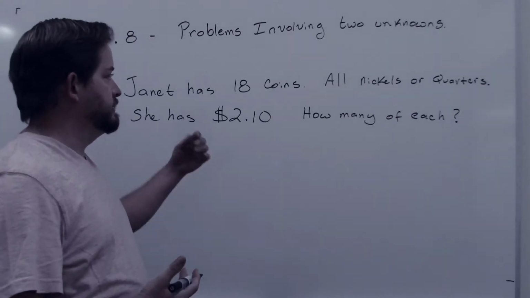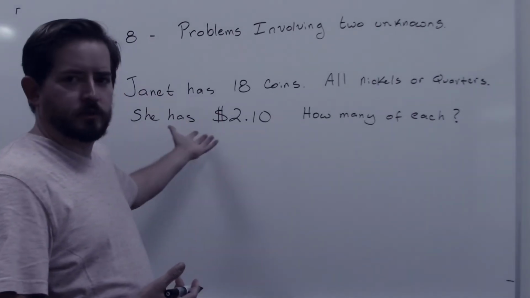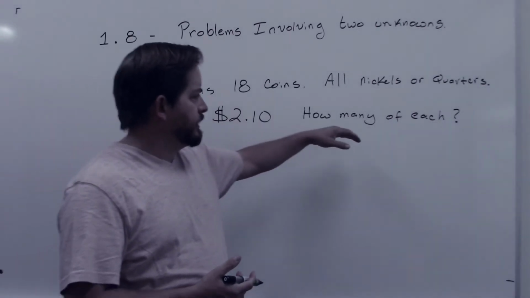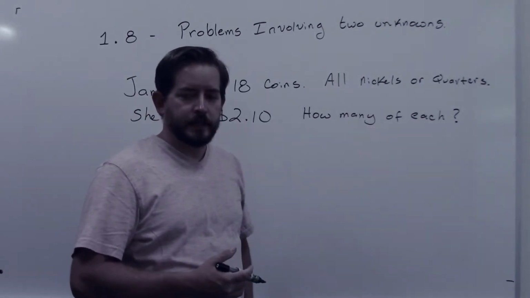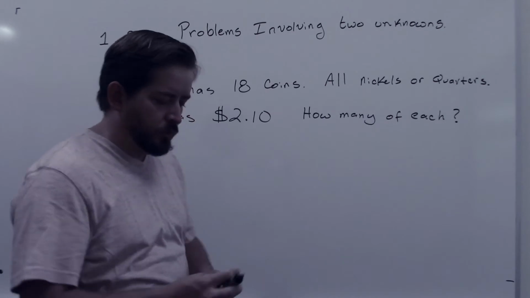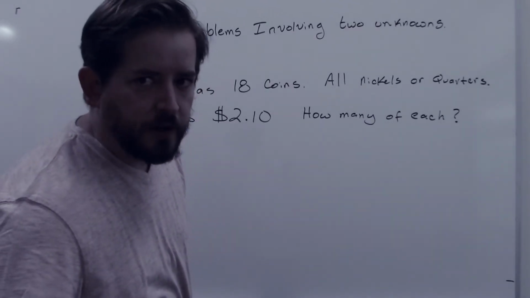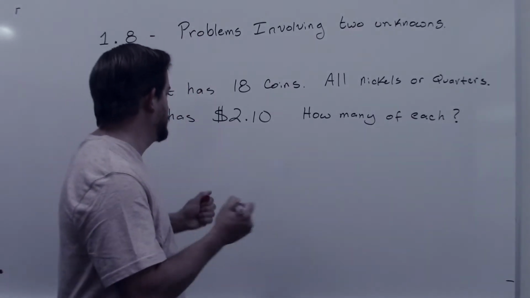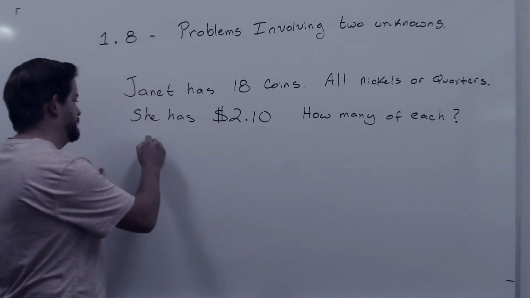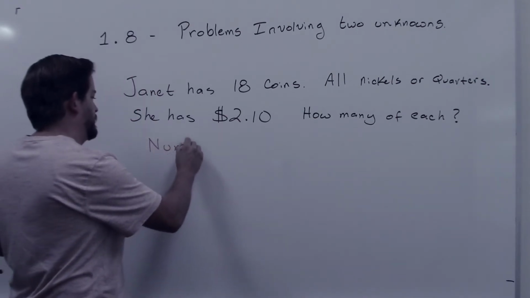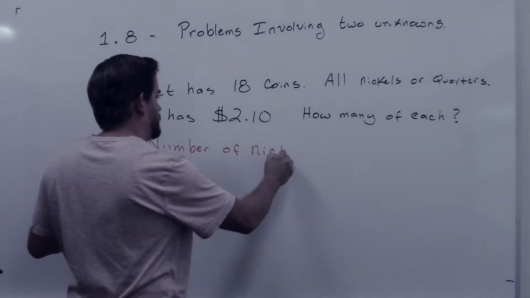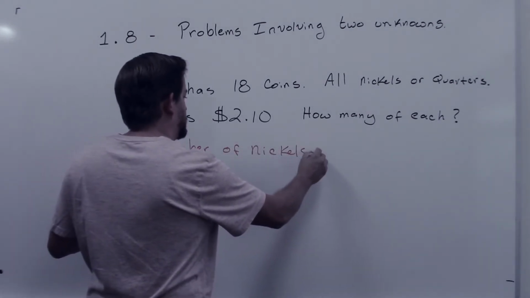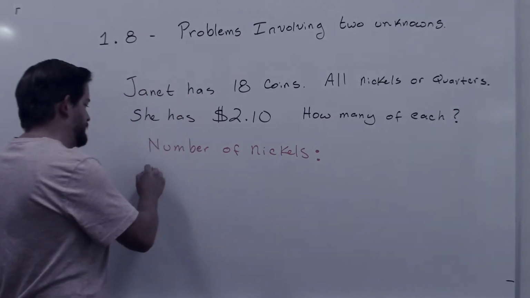Understand the question. Janet has some coins in her purse. What we really want to do at the end of the day is figure out how many nickels she has and how many quarters she has. So we identify our unknowns, and the unknowns are the number of nickels and the number of quarters.